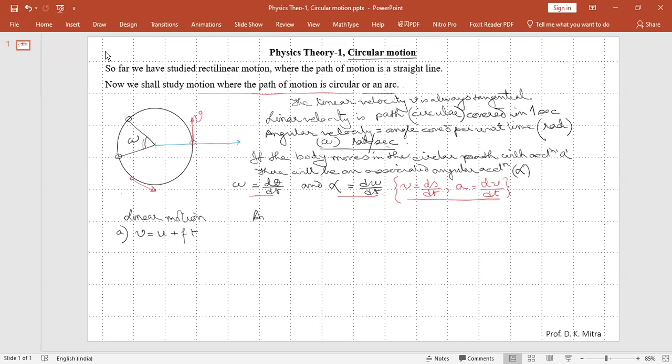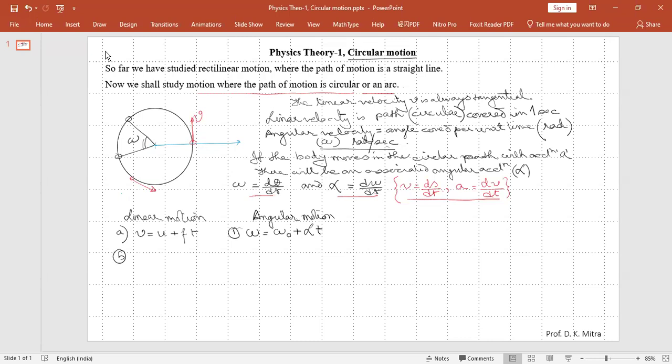In angular motion, the final angular velocity omega is equal to initial angular velocity omega naught plus angular acceleration alpha times t.